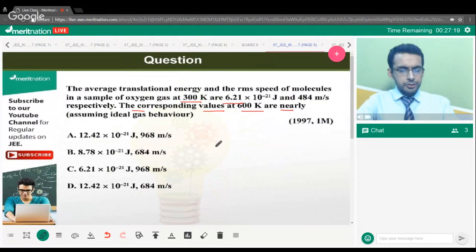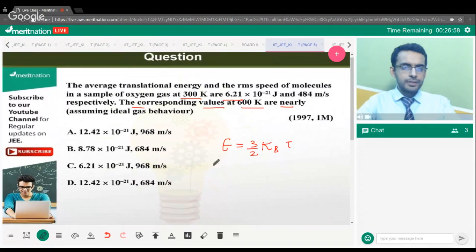The first thing that you should note is that E is equal to 3 by 2 kBT. It's the average translation kinetic energy. And what is the formula for VRMS?